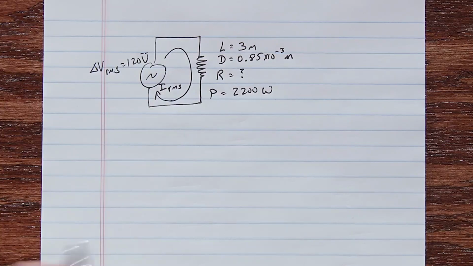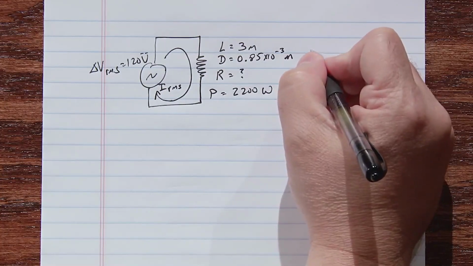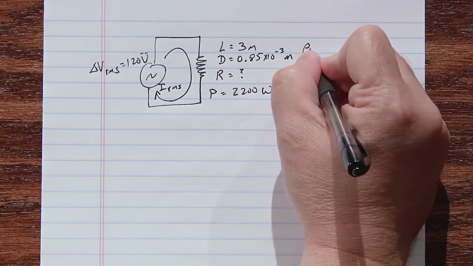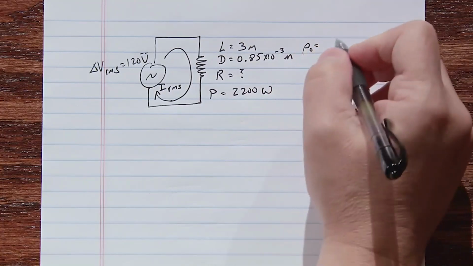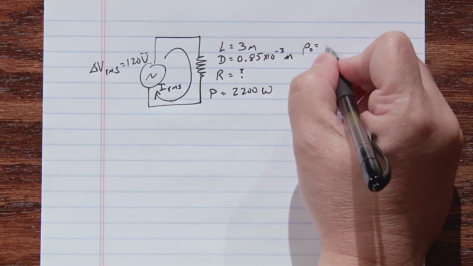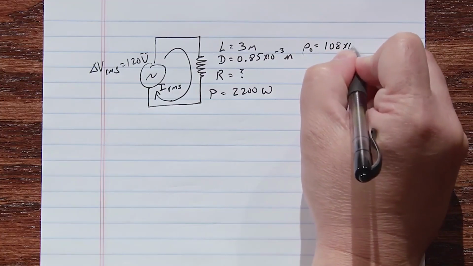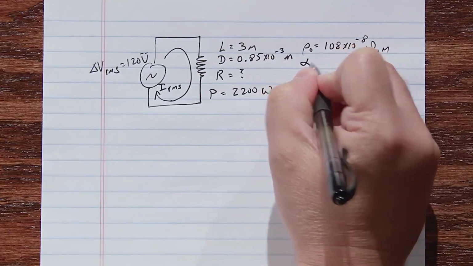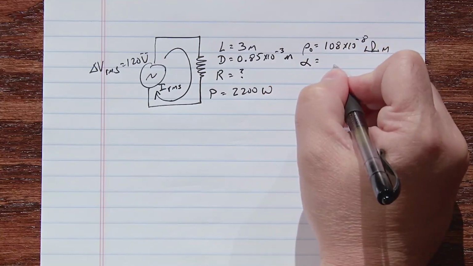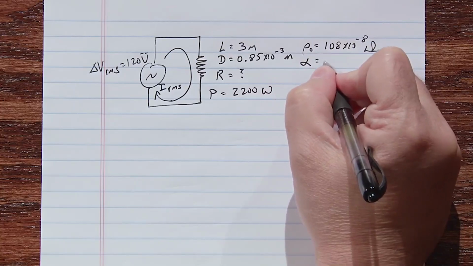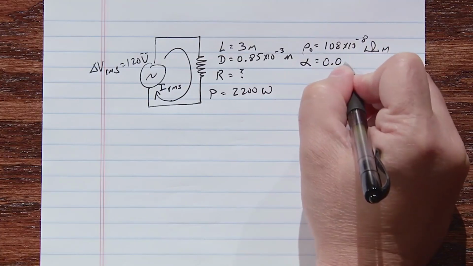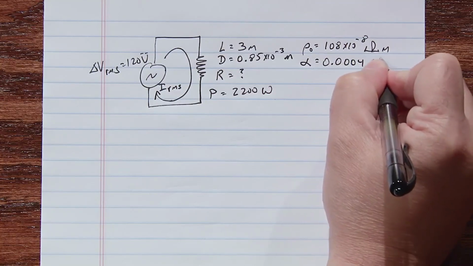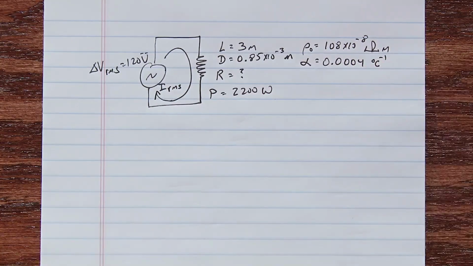And we also know that the wire is made up of a material that has a rho 0, or a resistivity at 20 degrees, of 108 times 10 to the minus 8 ohm meters, and a temperature coefficient of resistivity of 0.0004 degrees Celsius inverse, or per degree Celsius.